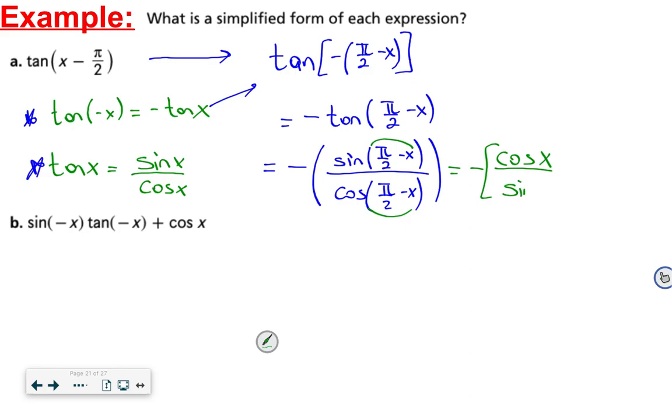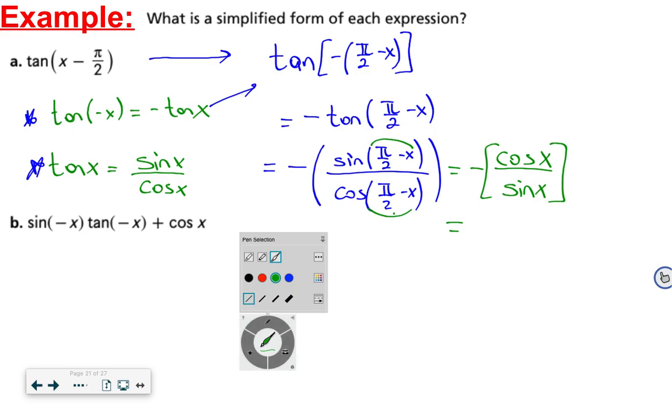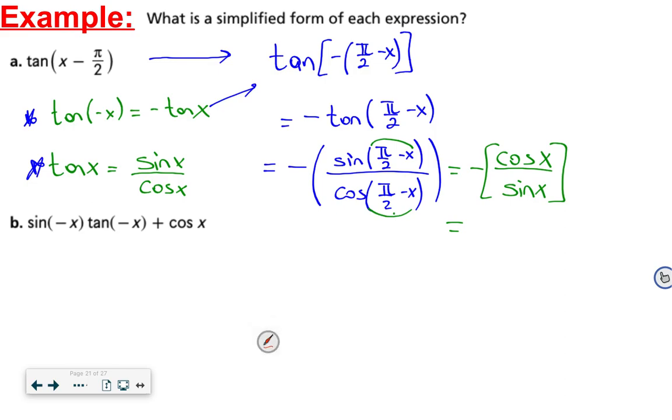It's going to become sine function. And this angle is located in the first quadrant. In the first quadrant, the sign of the cosine function is positive. So this is going to be positive sine x. After that, what is cosine x over sine x? It is cotangent. So the answer is going to be negative cotangent x. So this is your answer.